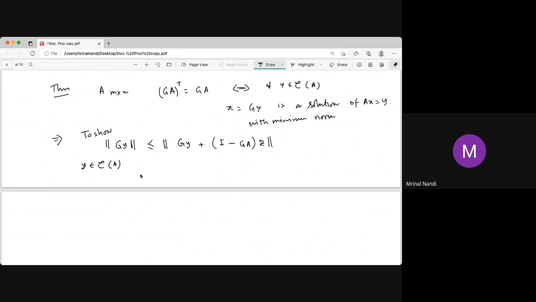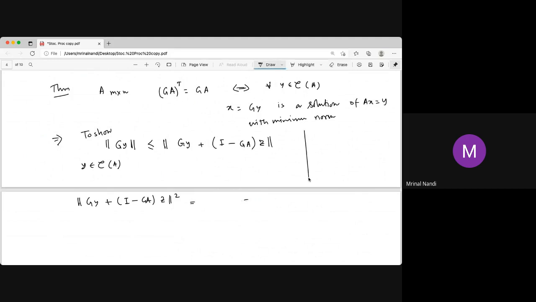So what happens? The norm square of G y plus (I minus G A) z is the inner product of G y plus (I minus G A) z with itself.